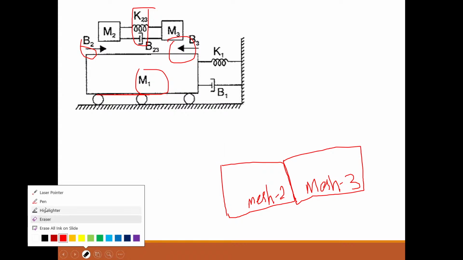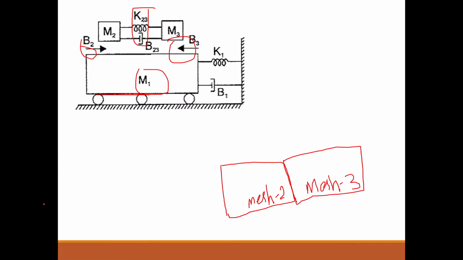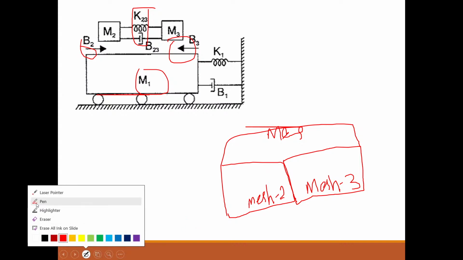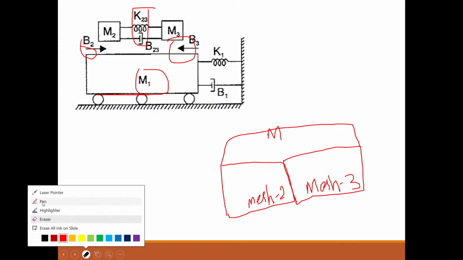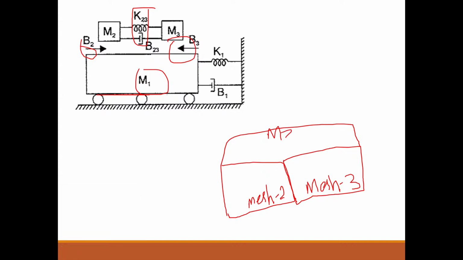I am going to consider one more mesh which is common to both mass 2 and mass 3. This is my mesh 1, because it is my mass 1. Three masses, three meshes.